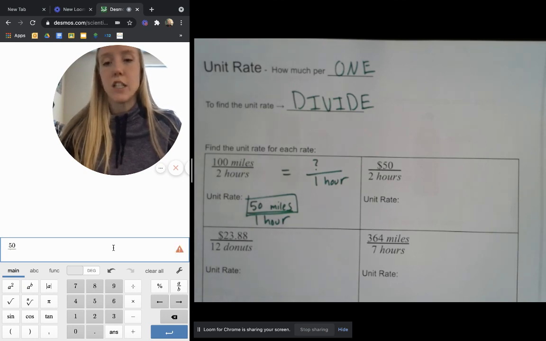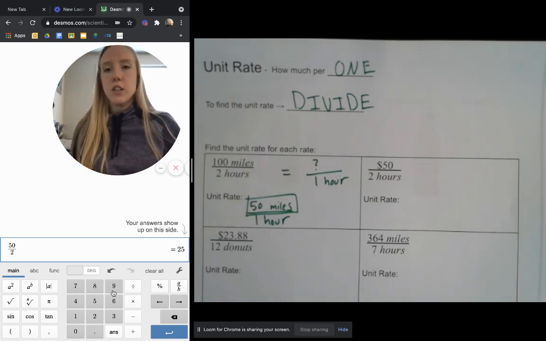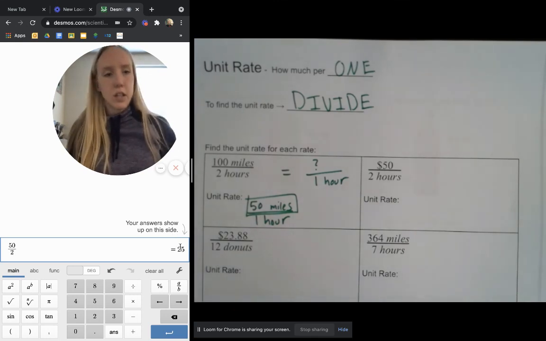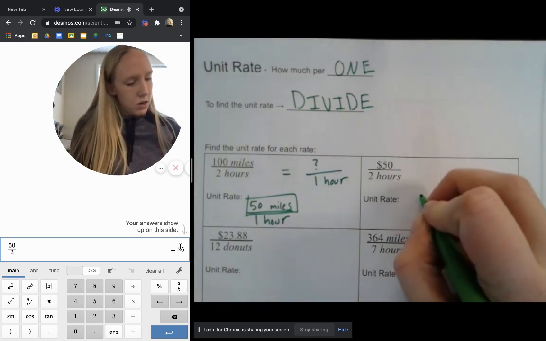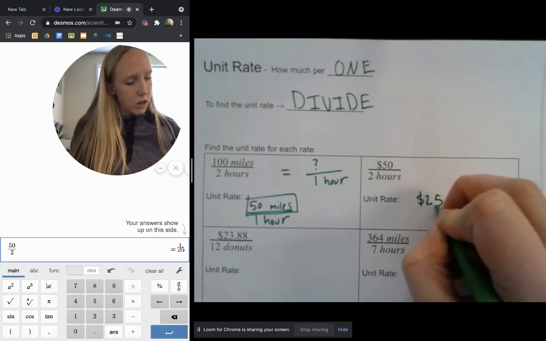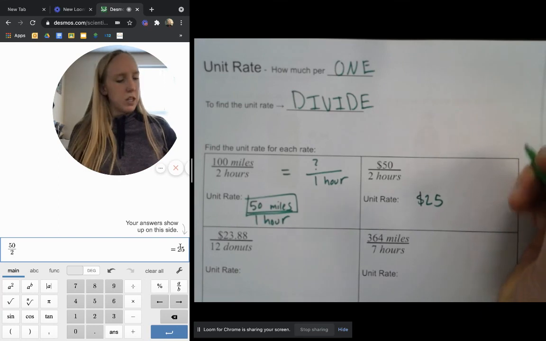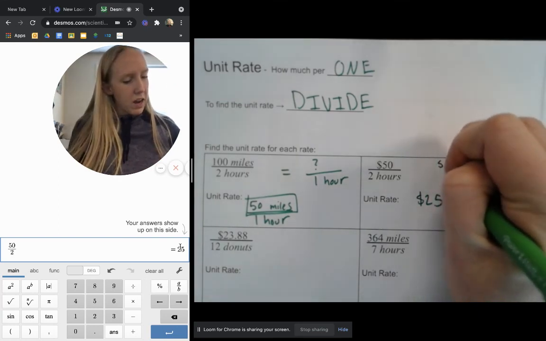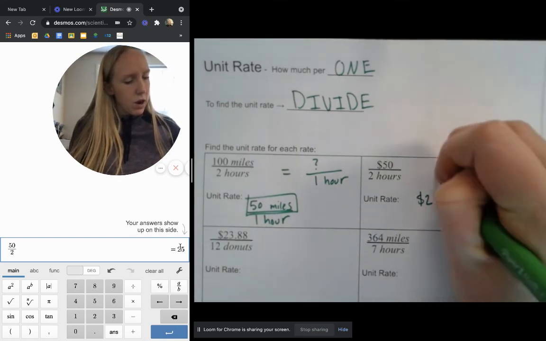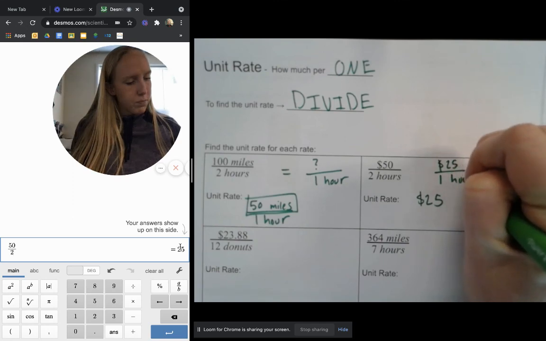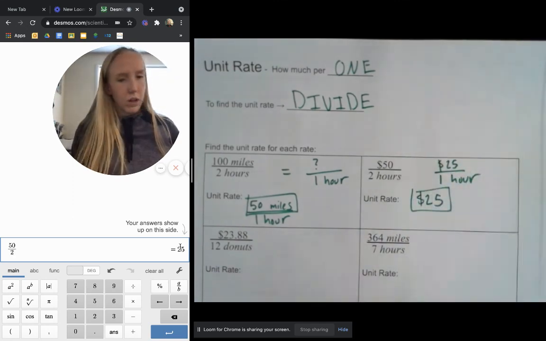You could write it as a fraction, divided by 2, and then it shows you your answer on the right side. Our answer is $25. If we wrote this like the fraction, kind of how it was originally written, it would be $25 in 1 hour. But our unit rate is $25.